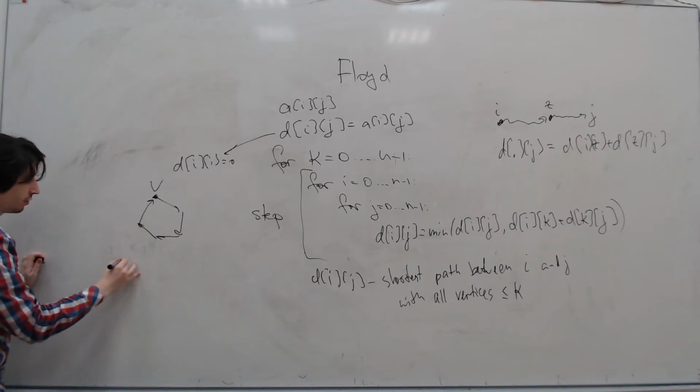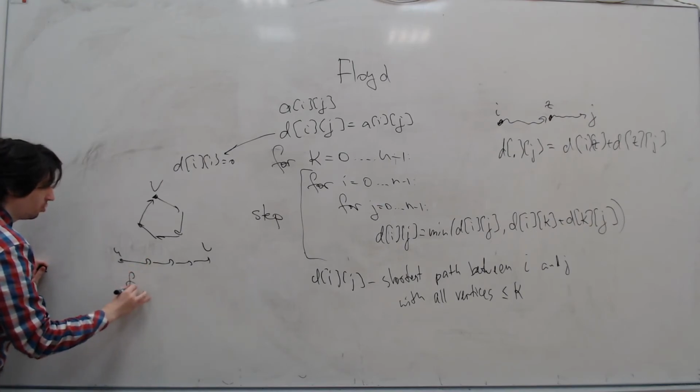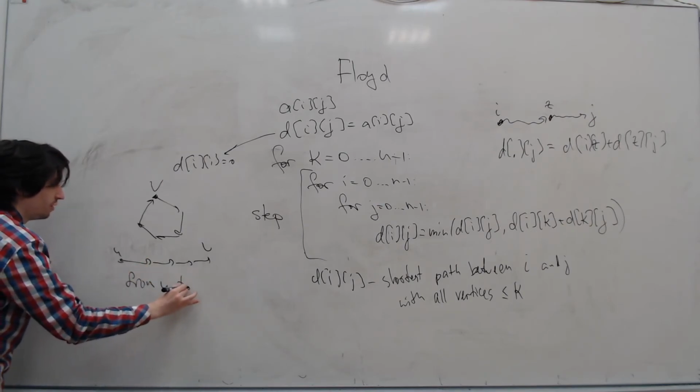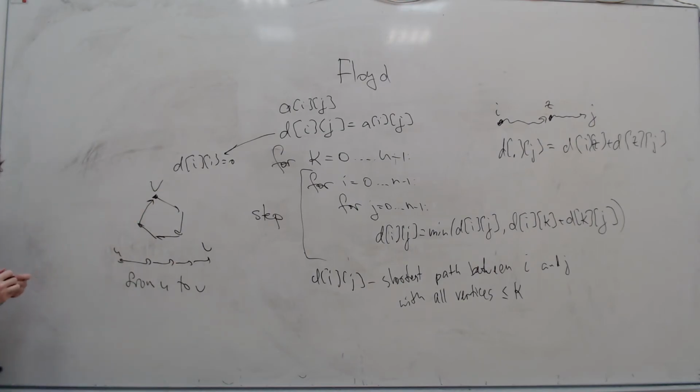The path is from U to V. Then the cycle is what? It is from V to V. This is the path. You mean that? Yeah, kind of.